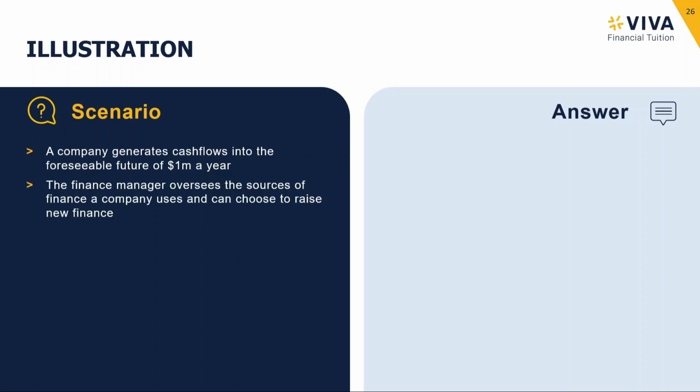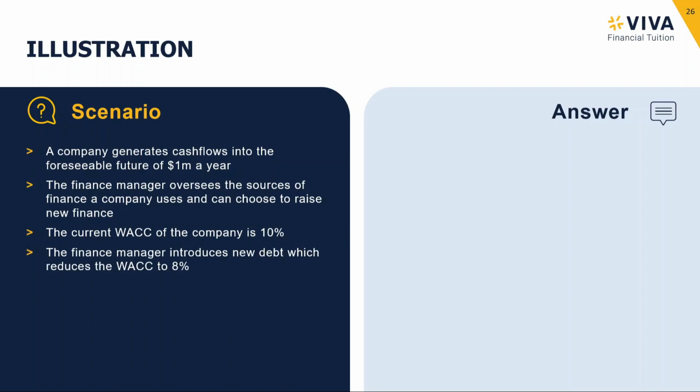Now, the finance manager's key role here is to think about what the sources of finance are that the company uses, and they can choose to raise new finance. At the minute, the weighted average cost of capital of the company is 10%. The finance manager, though, has managed to secure some new debt, which has reduced the weighted average cost of capital down to 8%.